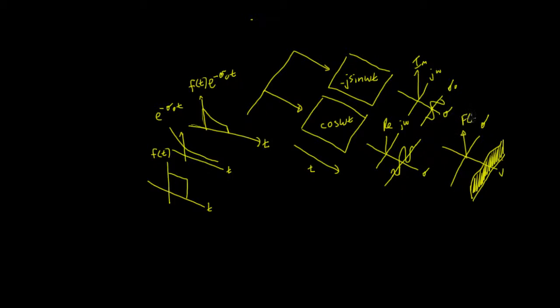So that's the magnitude of f of s, where s is sigma plus j omega. That's what the forward transform looked like.